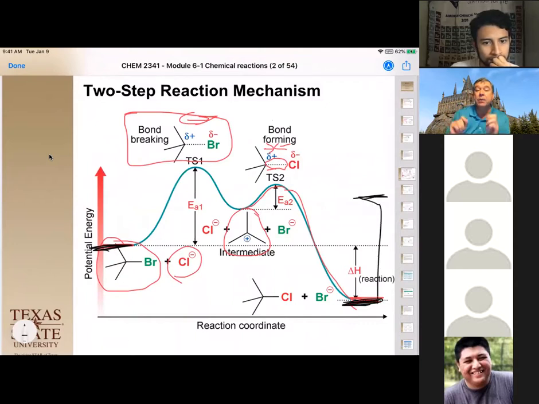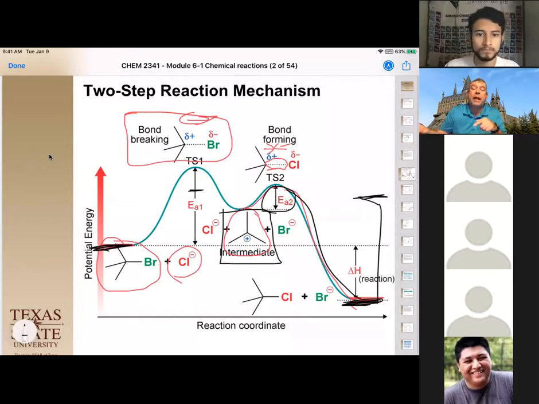However, we have a new thing to identify here. We have our activation energy to create an intermediate. This intermediate is unique to two-step reactions. We then have a second activation energy, and it's usually smaller than the first to get to products, because you have to take the intermediate you formed and react it with something else to give the final products.